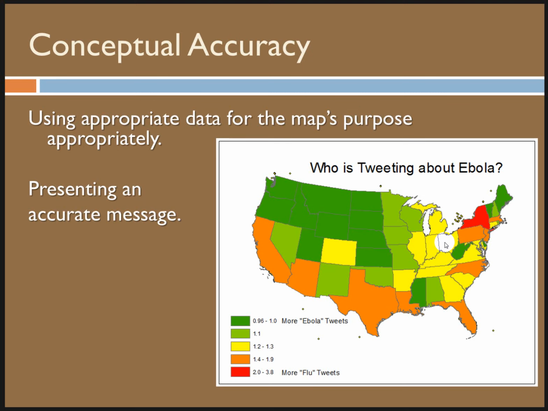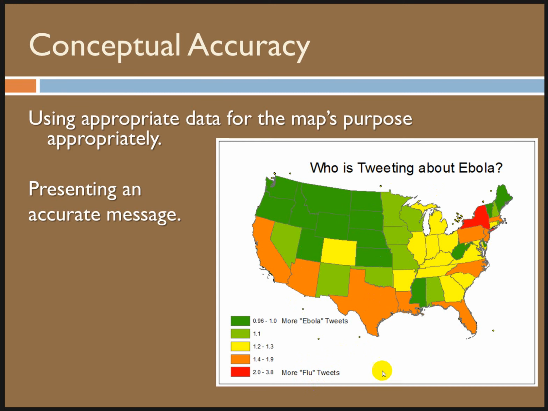All right, so conceptual accuracy. What we're talking about is using appropriate data for the map's purpose appropriately, and working to present an accurate or logical message. And you can see in this example that the cartographer has failed to symbolize the ratio classes appropriately. This is a map where we're comparing which states tweet more about Ebola than the flu, and a basic ratio was calculated for each state.